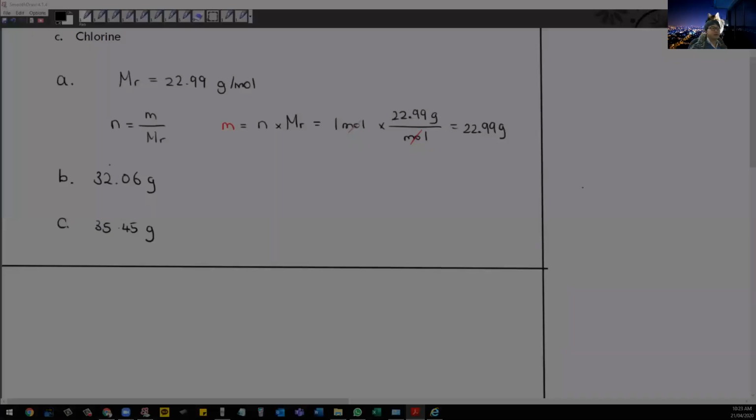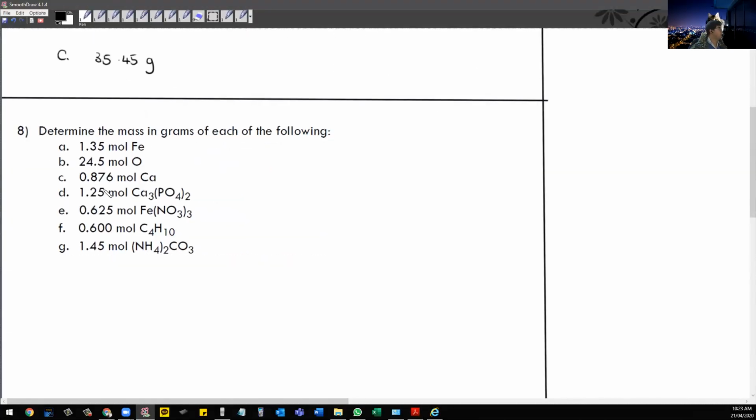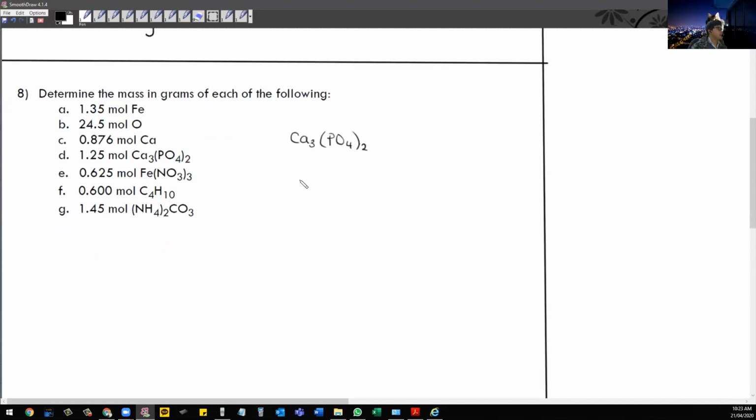Determine the mass of the following. So let's talk about calcium phosphate. The reason is calcium is usually 2+ when it becomes ionized. And the phosphate, if you go back to the polyatomic ions list, you see 3-, right?